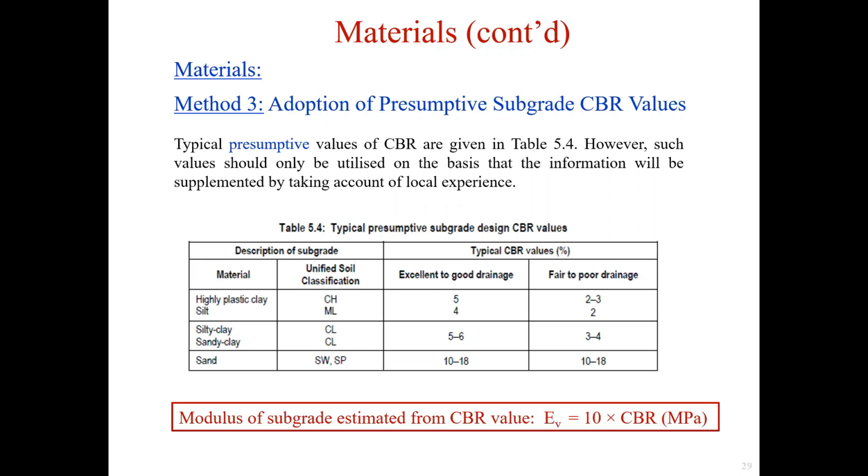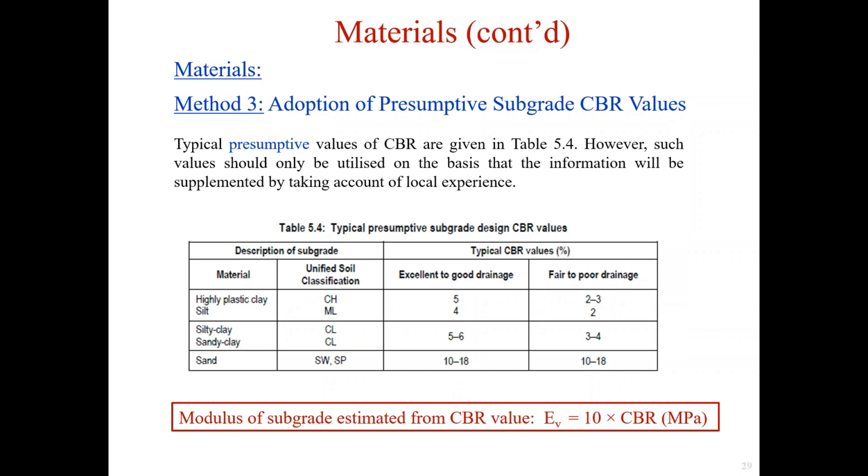The third method is the adoption of presumptive subgrade CBR values. Typical presumptive values of CBR are given in this table. They are based on a lot of experience and lots of lab testing. Designers have used them according to the material type and the materials classification, whether the subgrade is a highly plastic clay or silty clay, sandy silt, or sand.